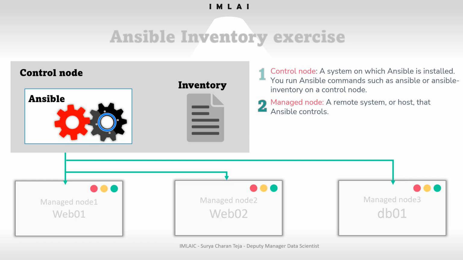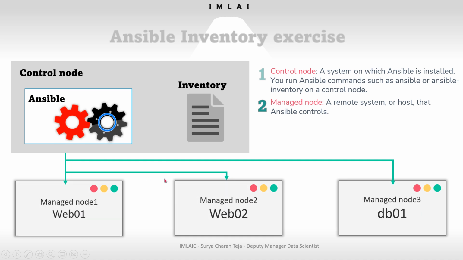In our project I have taken three managed nodes. Managed node 1 is web01, the second one is managed node 2, web02, and the third one is managed node 3, which is DB, a database. Most probably I'm going to use MySQL or MariaDB as the service.